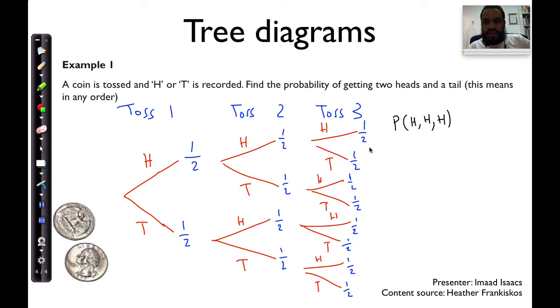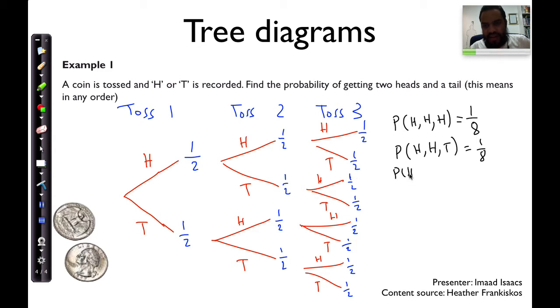So the probability of getting head, head, head is a half multiplied by a half multiplied by a half, which is 1 out of 8. There's 1/8 of a chance of getting that. The probability of getting head, head, tail, which is H, H, T. Just work with me. I'm going across this branch, then there, then there, which is also 1/8.